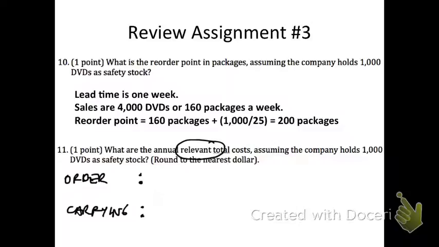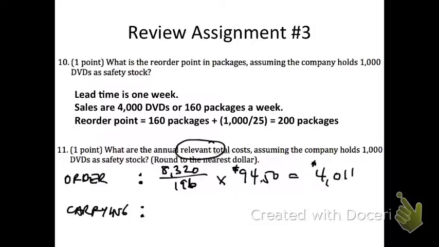And so order cost is based on the number of orders. And so the number of orders is based on how many I need, 8,320, divided by how much I order each time, the 196. Then I multiply that times my cost per order and my total ordering cost based on this economic order quantity is 4,011.